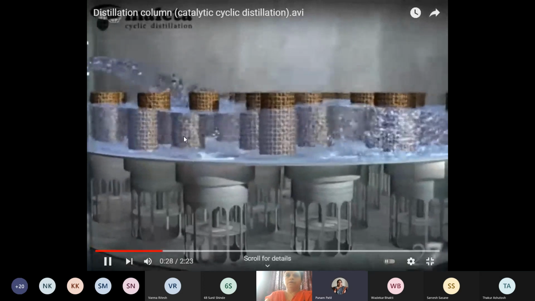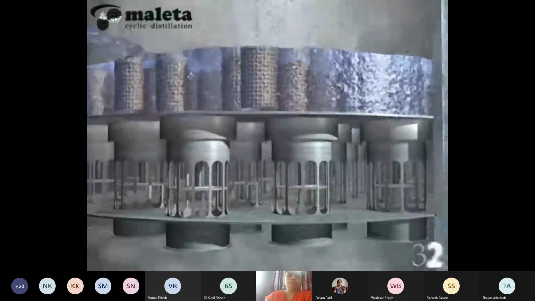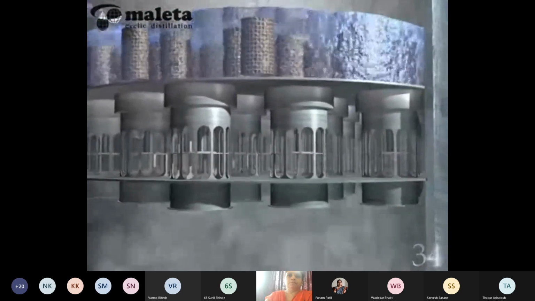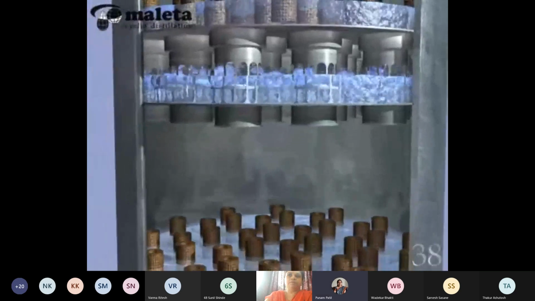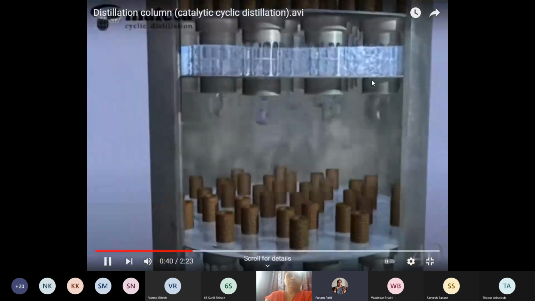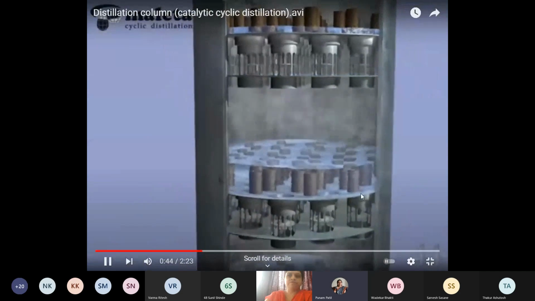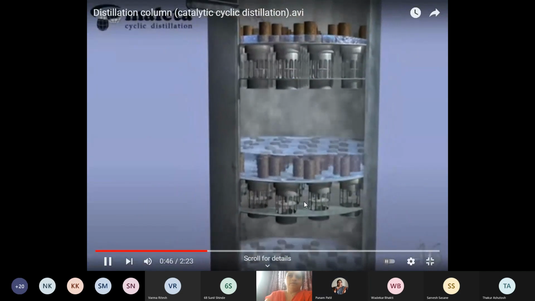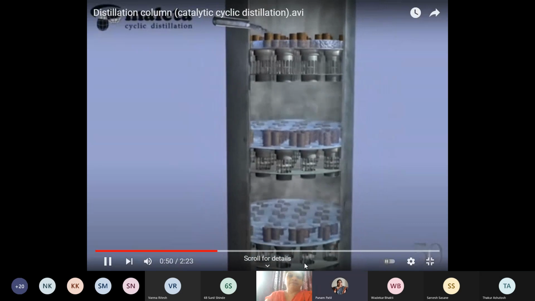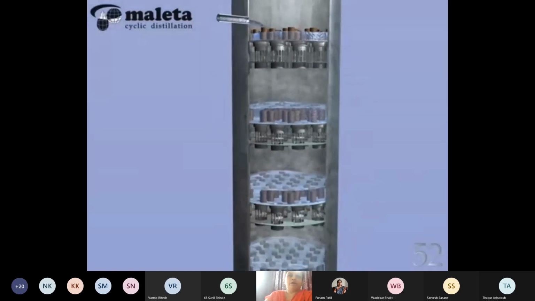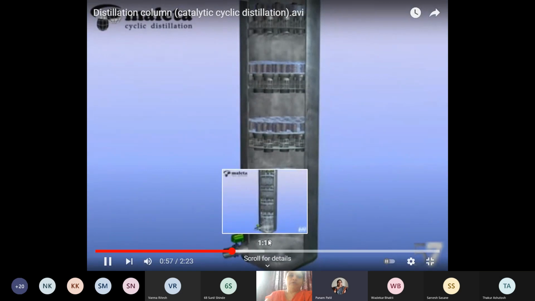Column. You can see the tray gets filled, falls on the next tray, the second tray gets filled, falls on another tray. Reboiler is added at the bottom.